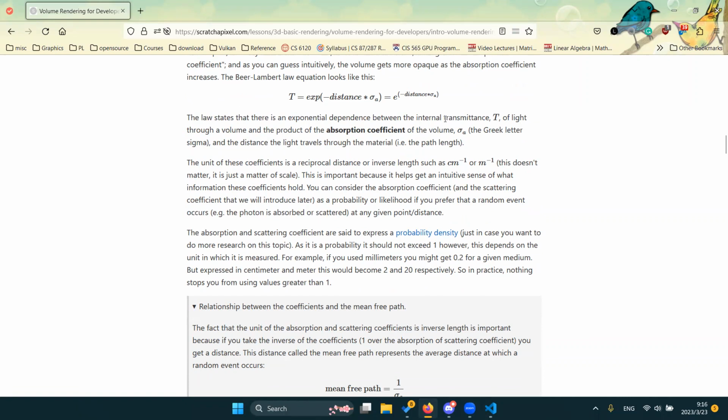So the internal transmittance is exponential decay depending on the distance.